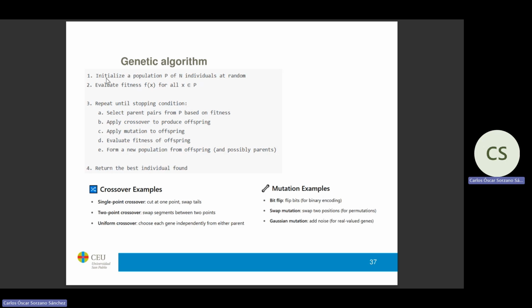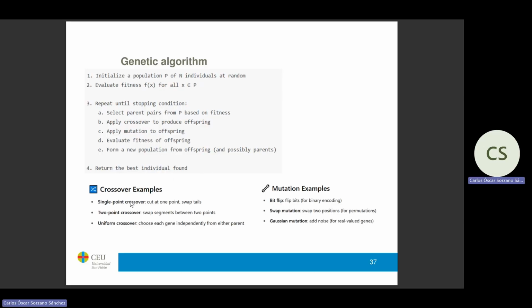Then you choose two parents from the population based on their fitness, so the best fitted individuals tend to reproduce more. You apply crossover to produce offspring. You apply a mutation to the offspring. Then you evaluate the fitness of those children. And then you form a new population from those children, and possibly the parents.